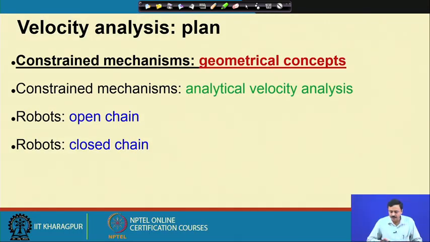According to our plan, we are discussing the geometrical concepts of velocity analysis for constrained mechanisms. We will look at the analytical velocity analysis in the subsequent lectures, which will be followed by velocity analysis of robotic manipulators.